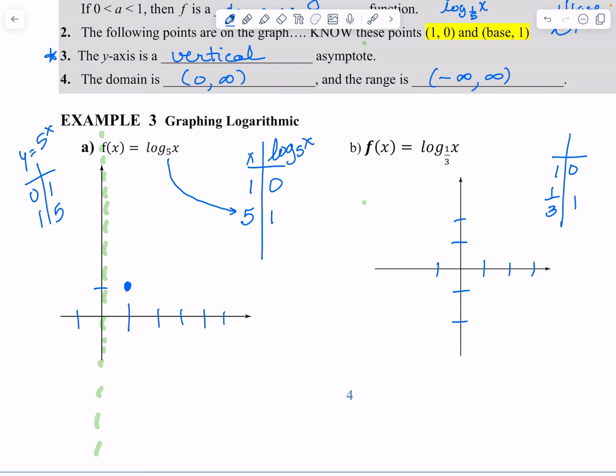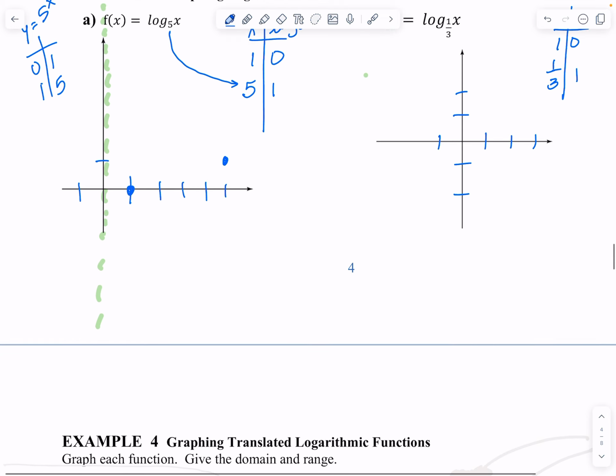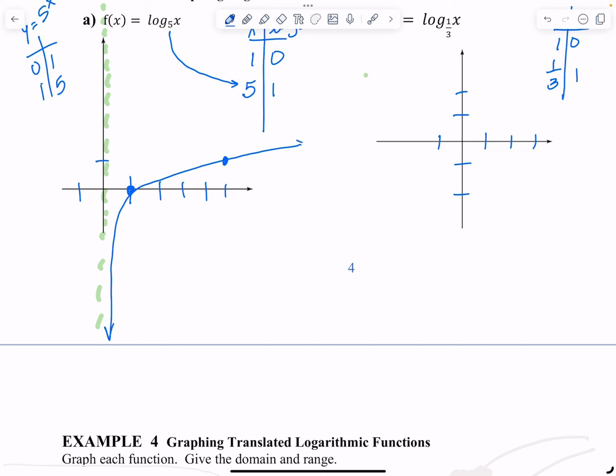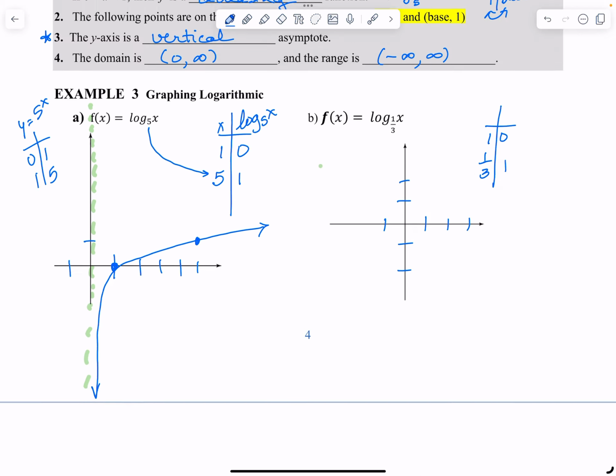Let me show you where most students mess up. They will connect these and then keep on going. See how I crossed that green line? You cannot do that. So it's going to come up and you're going to get really close to the y-axis.